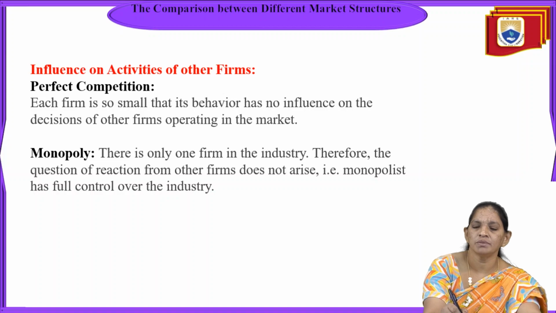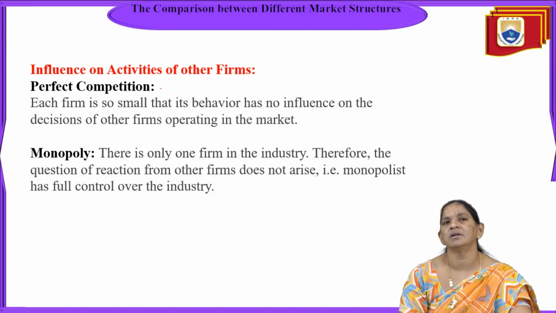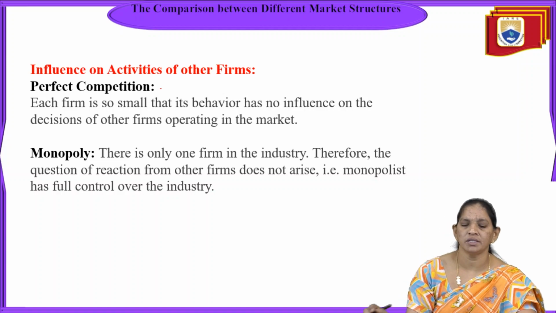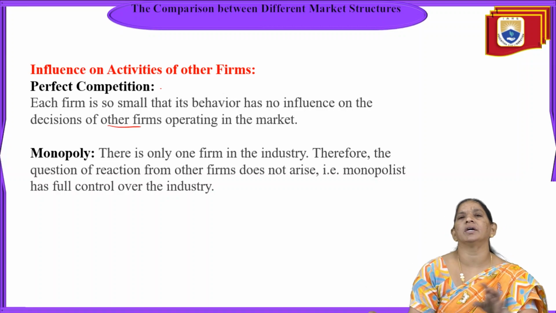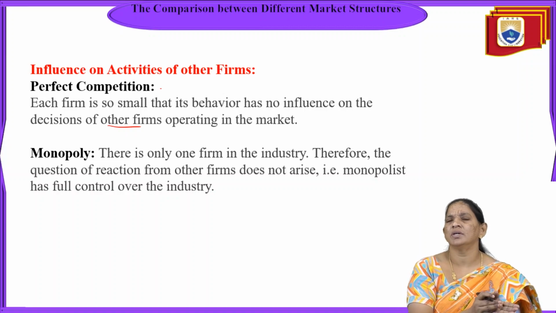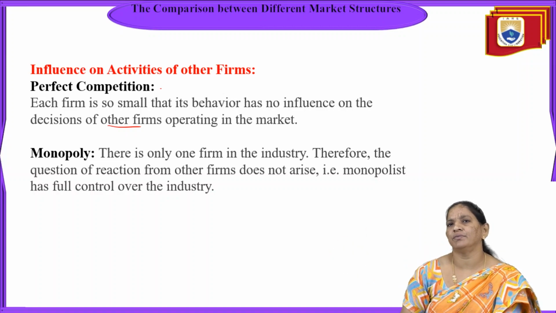The first is perfect competition, where the firm is so small that its behavior cannot influence others, because it is only a price taker. So it will not influence any decisions of the other firms in the market. Means it will stay aside. The decision of an individual firm cannot influence the other firms.